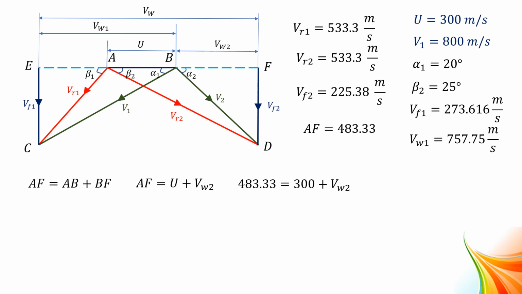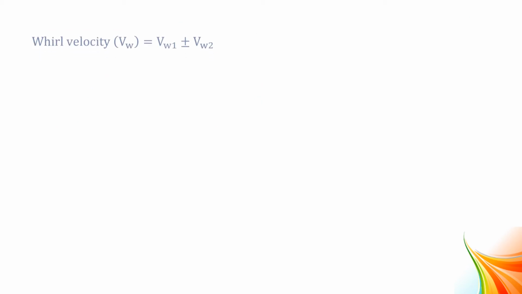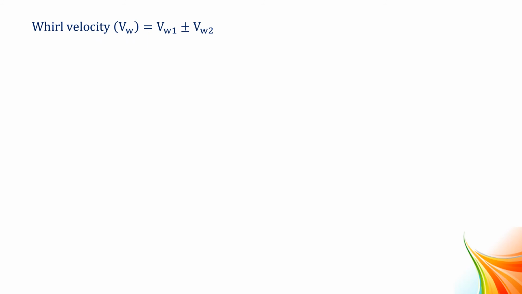Substituting the values of AF and U, we get VW2 equal to 183.33 meters per second. Now we have to find out the whirl velocity VW equal to VW1 plus or minus VW2.